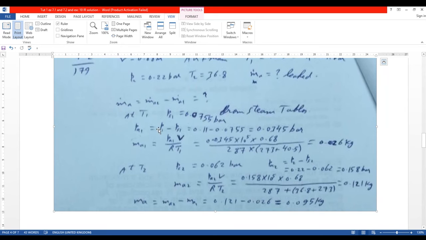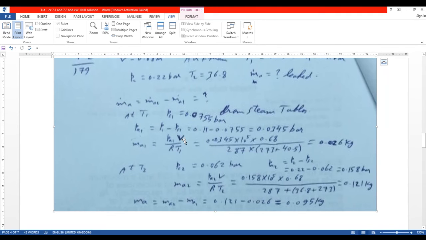Now PA1 is equal to P1 minus PS1, because P in the condenser, P1, equal to PA plus PS, right? Dalton's law. So PA equal P1 minus PS1. We know P1, we found PS1 from steam tables, then we calculate PA1.